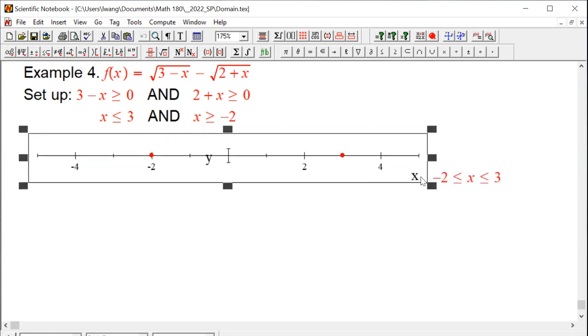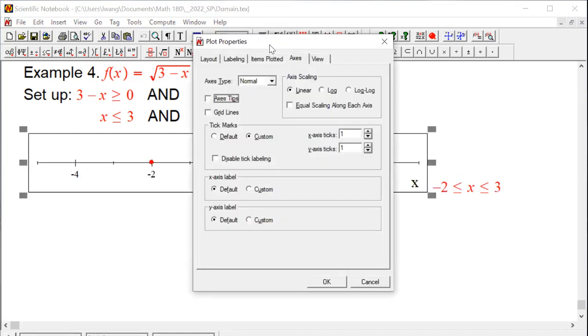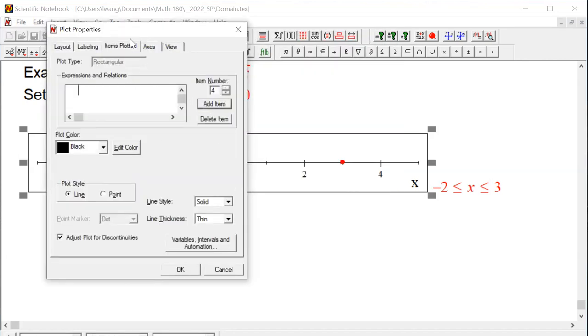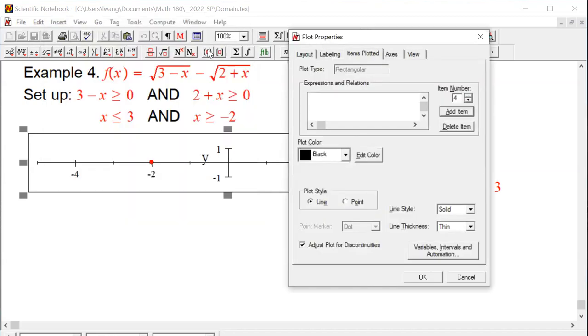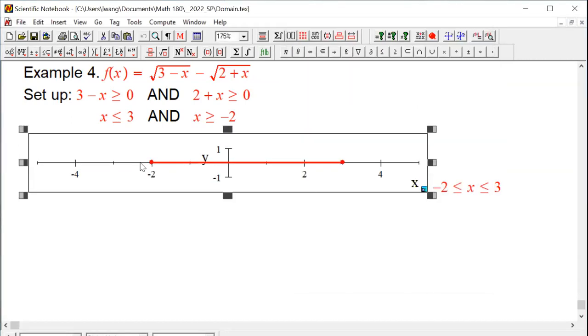This software doesn't graph one-dimensional, so now I'm just going to mark the interval in which the domain lies. So that's the picture.